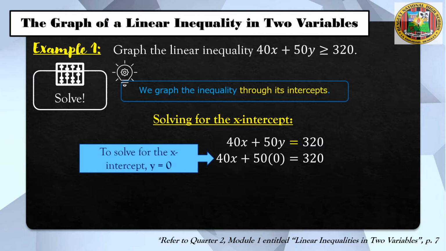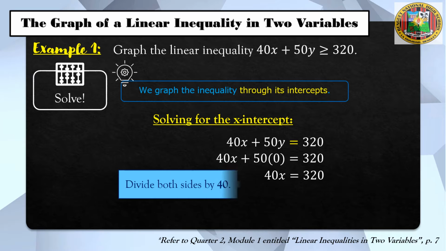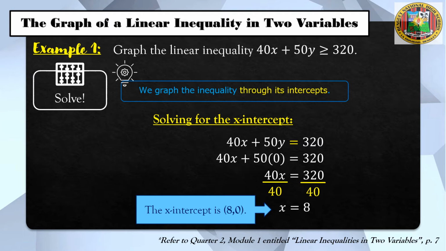That leaves 40x on the left side of the equation and 320 on the right side. To solve for x, divide both sides of the equation by 40 to get x, which is equal to 8. This means that the x-intercept of the graph is at (8, 0).